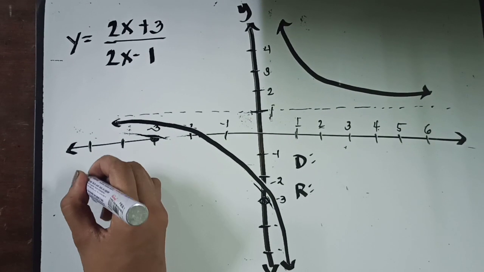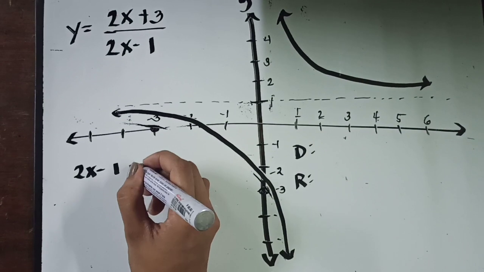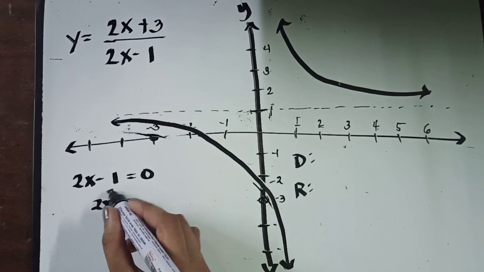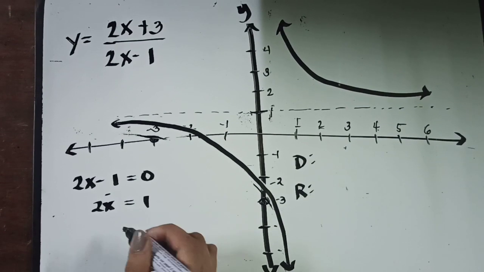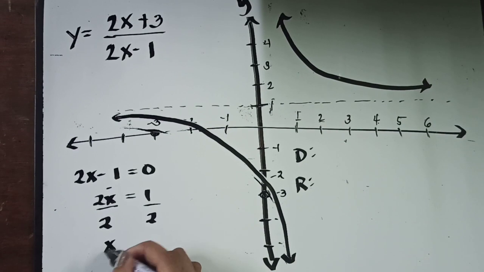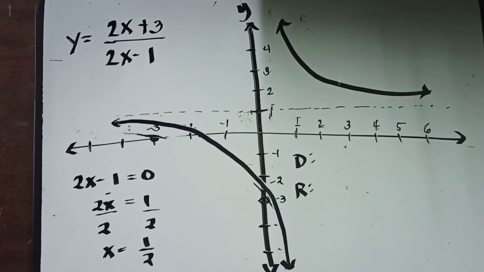So the zeros of the denominator, so kunin si denominator 2x minus 1, equate kay 0, and that is 2x is equal to, from negative 1, it will become positive 1, and divide both sides by 2, then x is equal to 1 over 2. Okay, so ito na yung nagsilbing restriction.